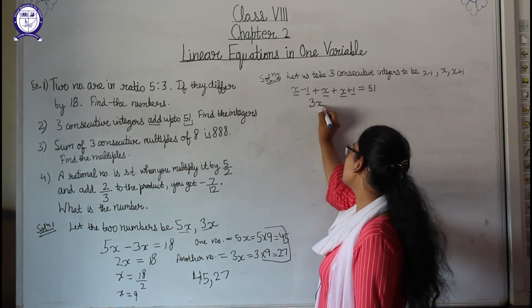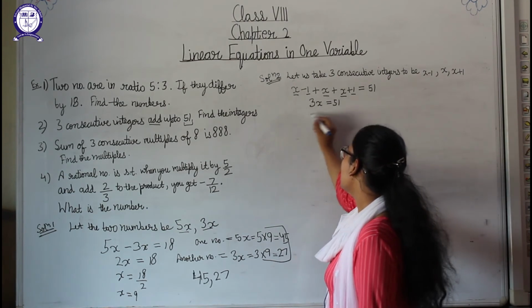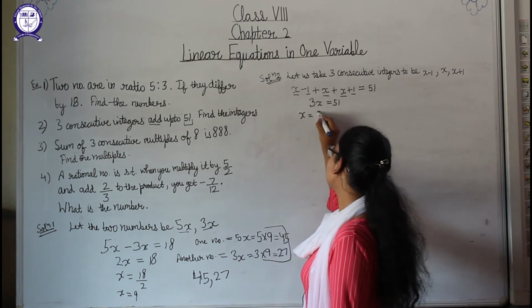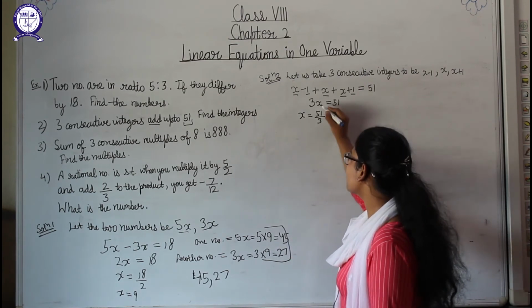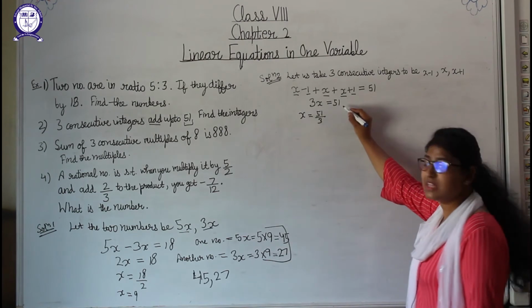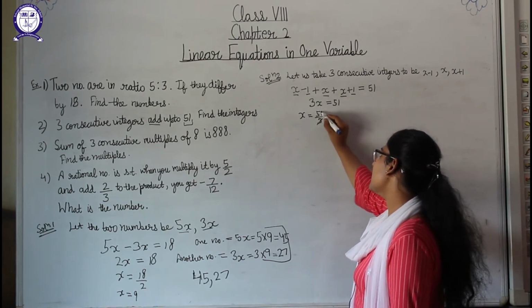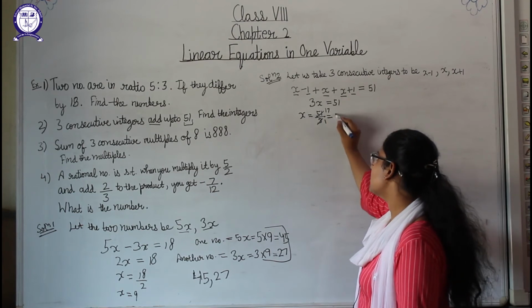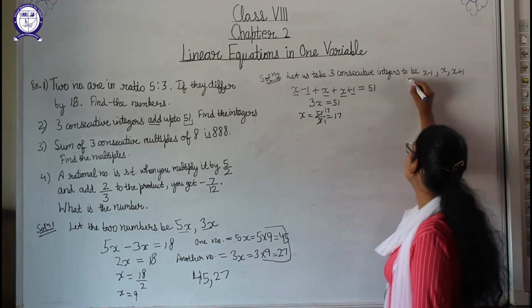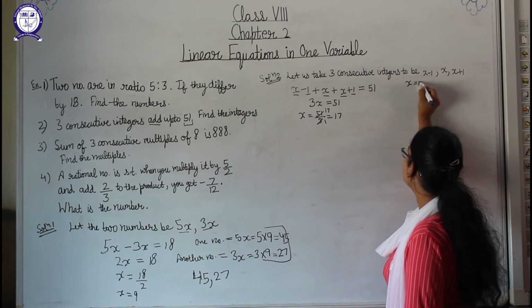So 3x is equal to 51, and x will be equal to 51 divided by 3. Why? Because 3 is multiplying here, so on that side it will be dividing. 3 ones is 3 and here it will be 17. So the value of x comes out to be 17.